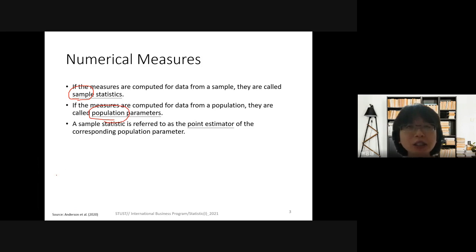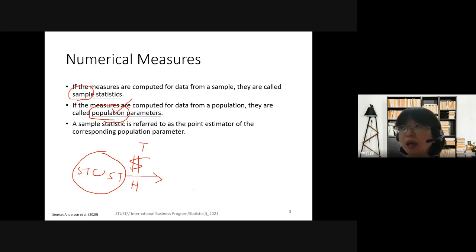For example, today, if I would like to study the distance learning preference of students in STUST, the study population will be students in STUST. But I have to consider the time, the money, and the human resources I have. So today I decide to do random selection from students I meet at the campus.